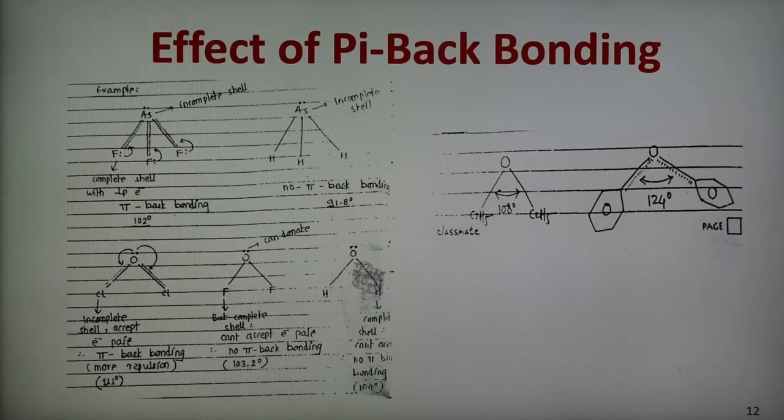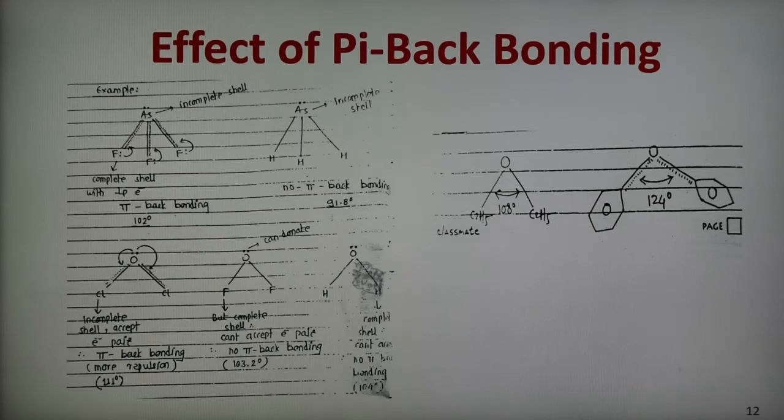In the case of OCl2 the bond angle is greater. In the case of OF2 and OH2 no pi back bonding is possible, and we can say that less repulsion is there. It is because of less repulsion between the two single bonds, so the bond angle is smaller in the last two. OF2 has a smaller bond angle than OH2.